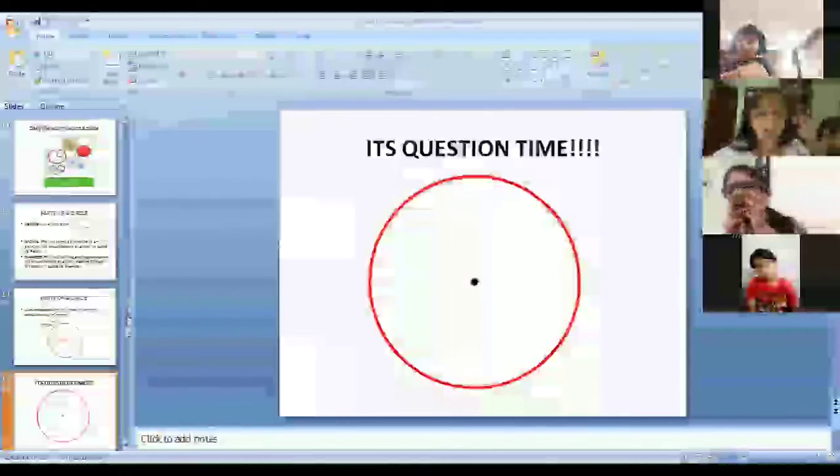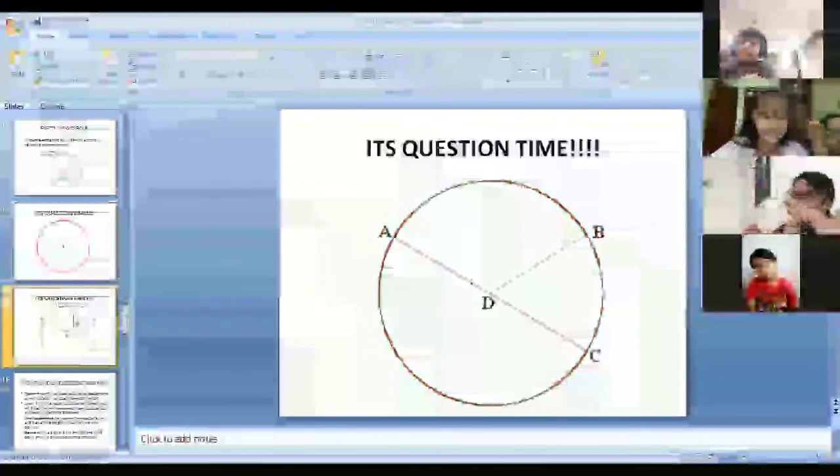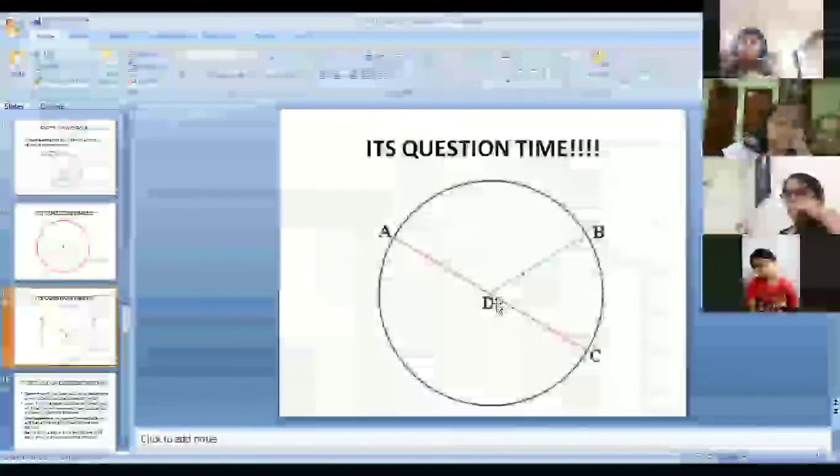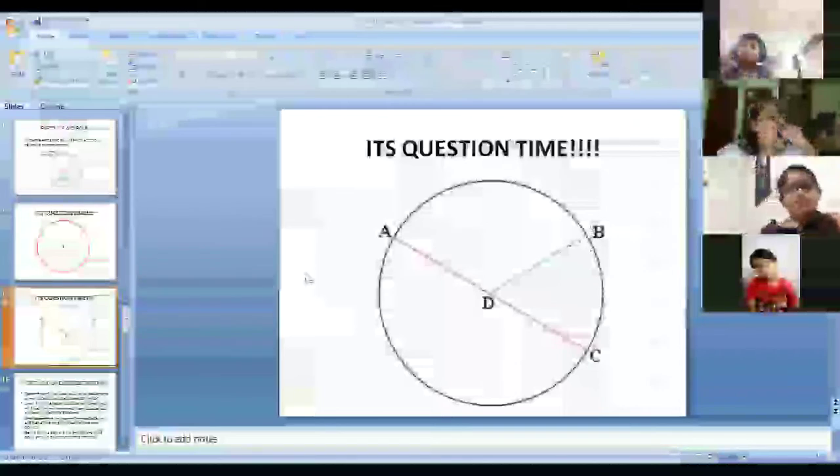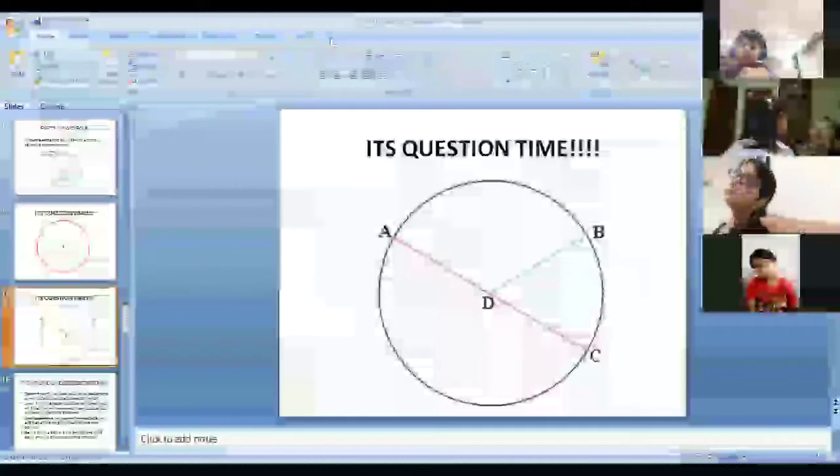Now next we have, okay children, what is this BD? What is this BD, the line joining the center of the circle to any point on the circumference? Yes, Jia? Yes, Navika? Radius. Absolutely right.